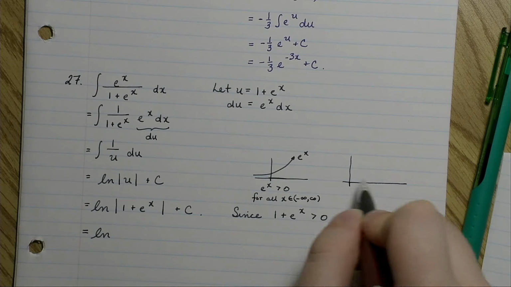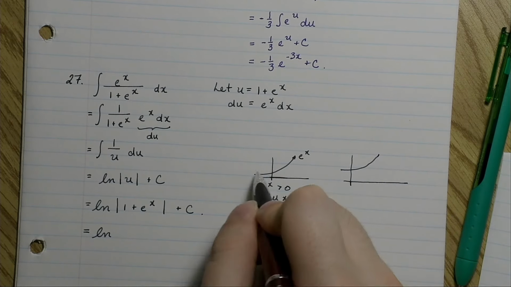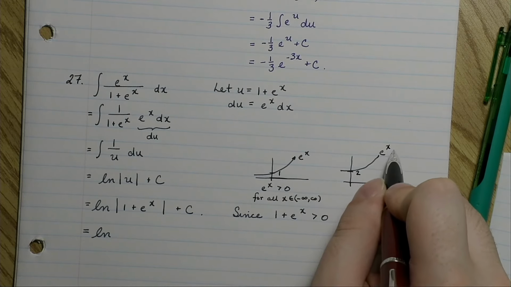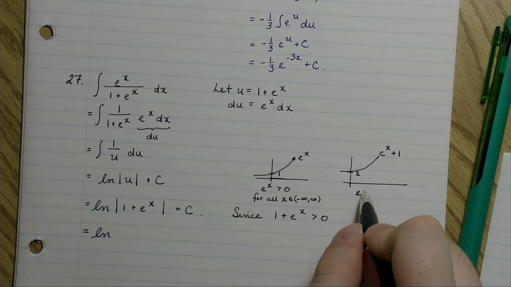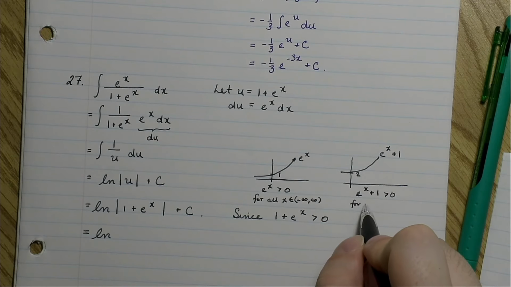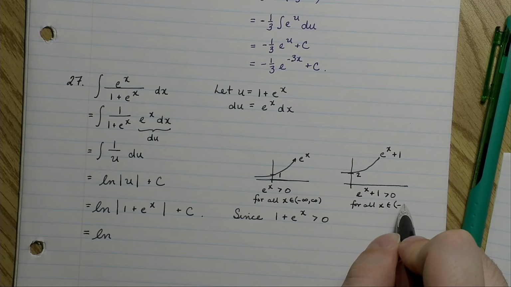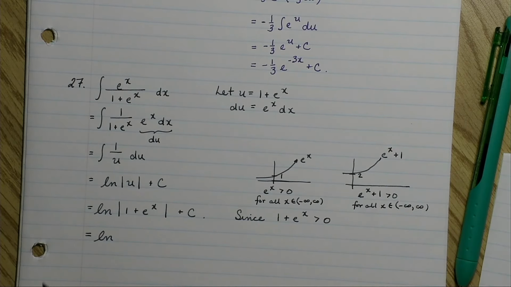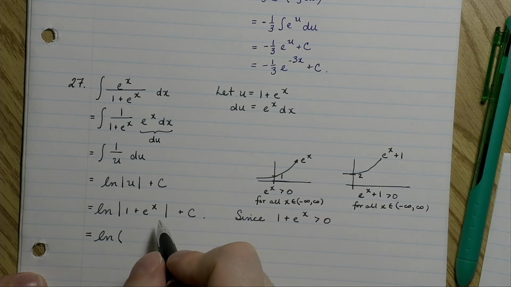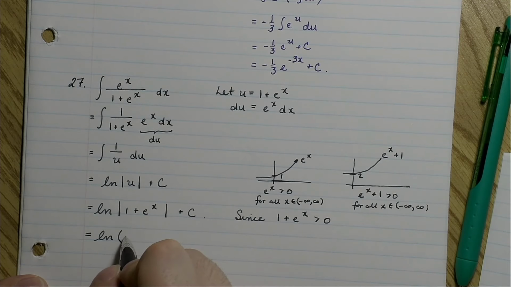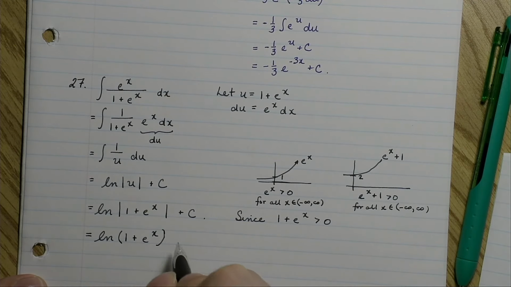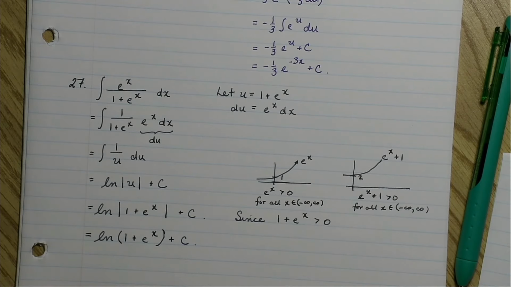And translating it up, so if that was crossing at 1, this is going to be crossing at 2, e to the x plus 1 is still greater than 0 for the entire domain. So since this is always positive, there's no point in having the absolute value applied here. So again, we can just drop that. Just a little simplification. And we're done.